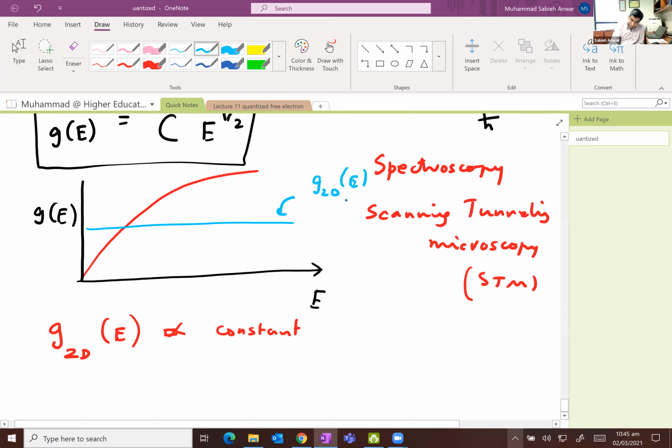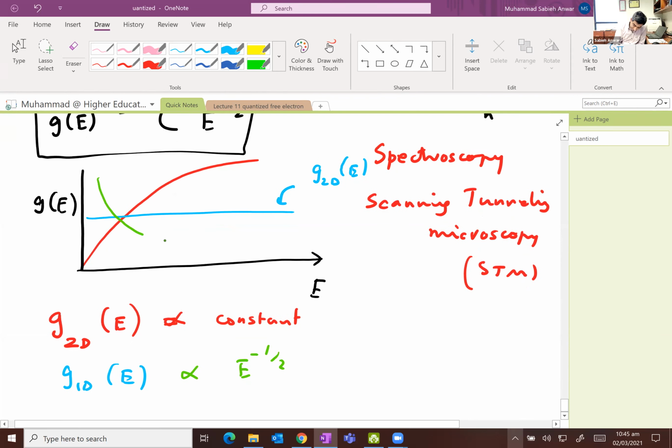And if we were to talk about one dimension, in 1D the density of states goes as the reciprocal of the square root. Okay, so this is the density of states in 1D.